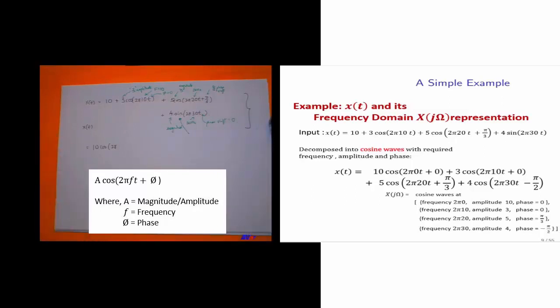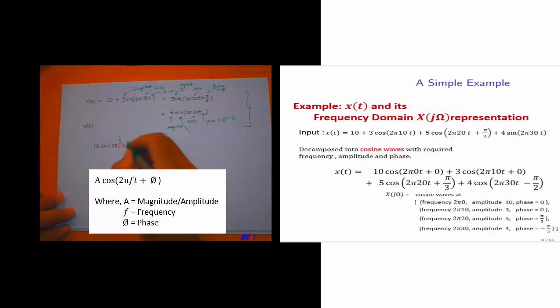A DC is simply a frequency with 0 Hertz, and it does not change. So this is interesting.